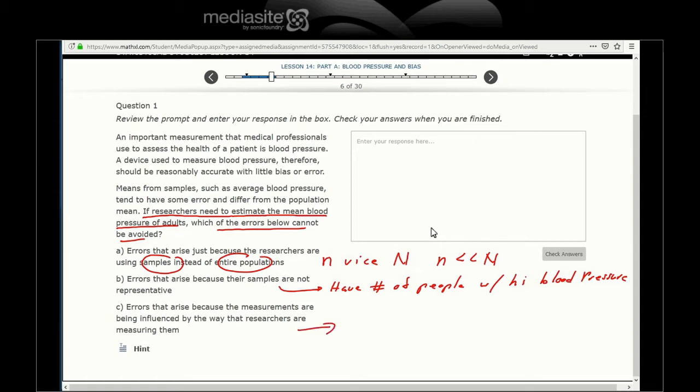What's an example of that? If you've ever had your blood pressure taken, you know they pressurize the cuff. You should have your arms at about heart level and your feet on the ground.